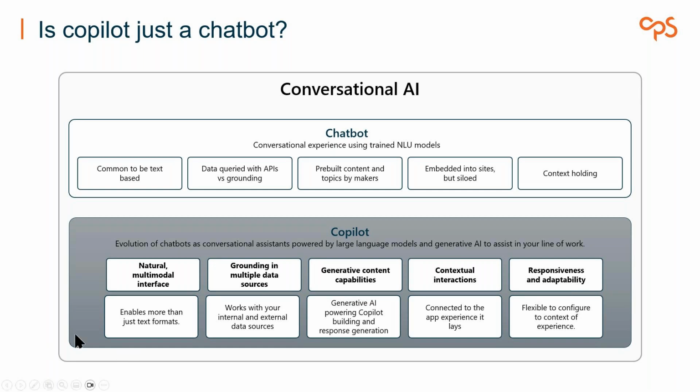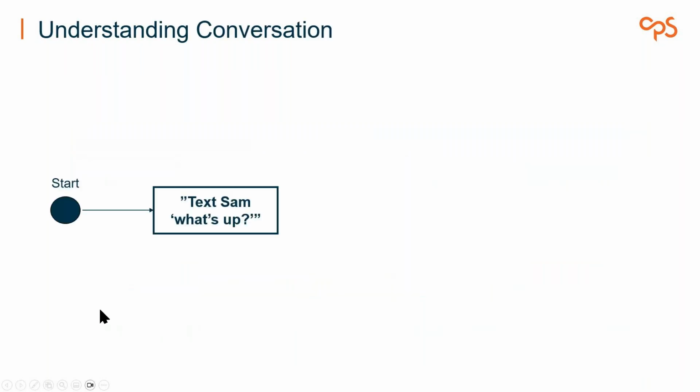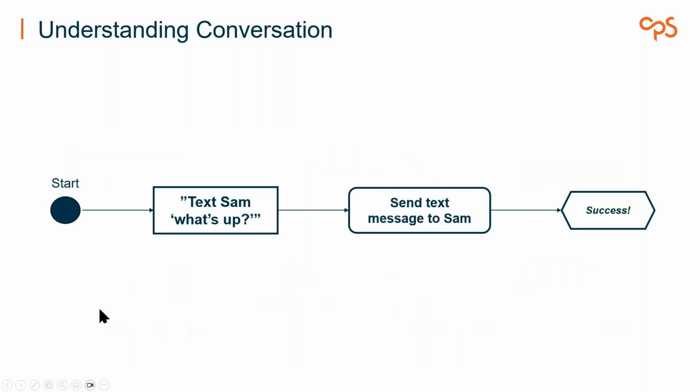So to take a step back from this, one thing that we can look at is, how does a chatbot work? Ultimately, a chatbot is very much all around understanding conversation. Everyone here, this is a conversation that may occur. It's a text message, Sam, what's up?